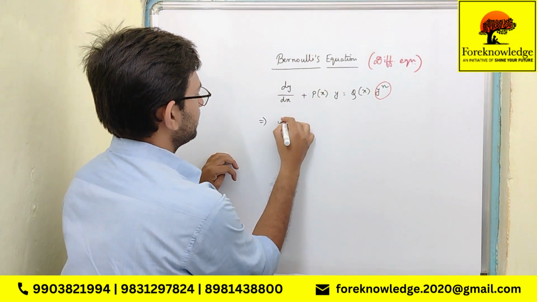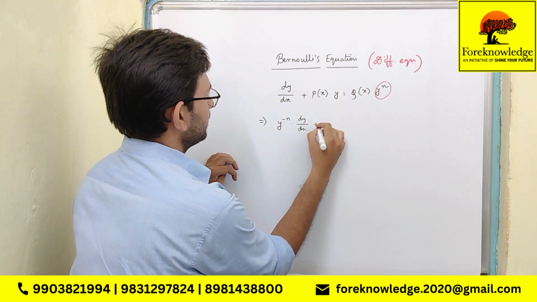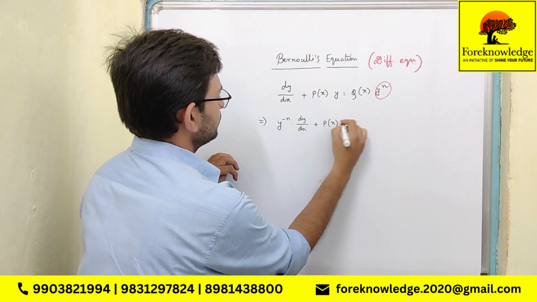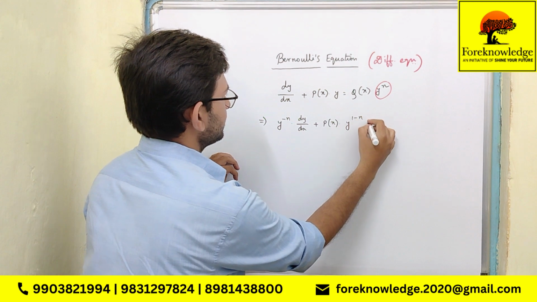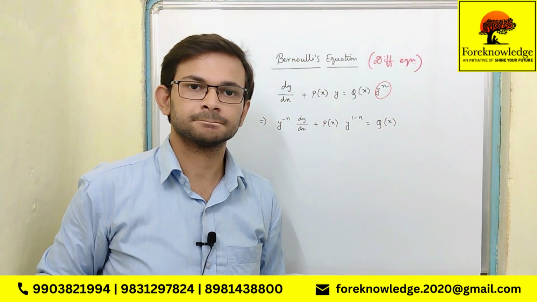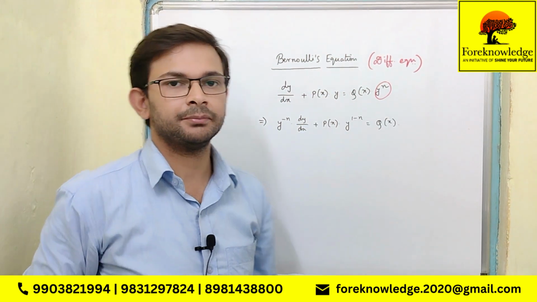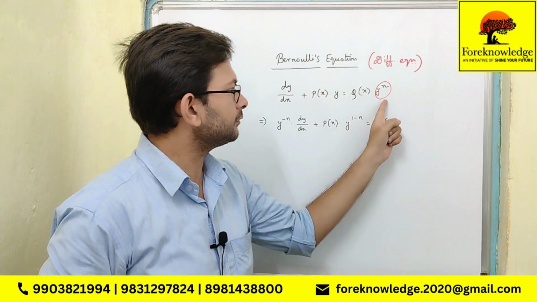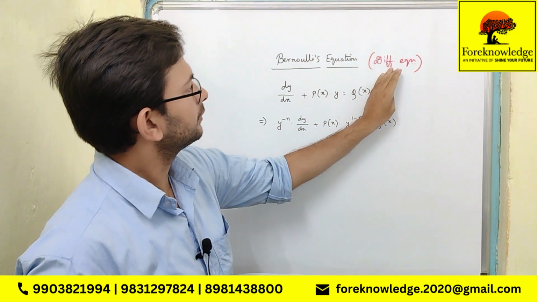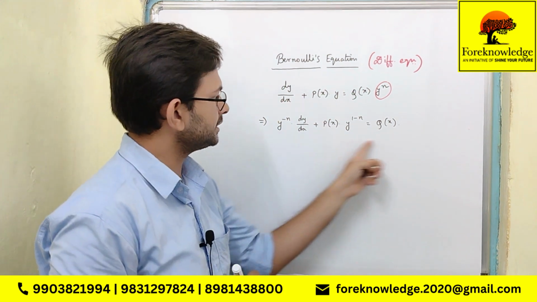So y to the power minus n into dy/dx plus p(x) into y to the power 1 minus n equal to q(x). The first step is dividing by y to the power n. If there is no y to the power n, then this is linear in y, so we divide by y to the power n. So this is the new form.